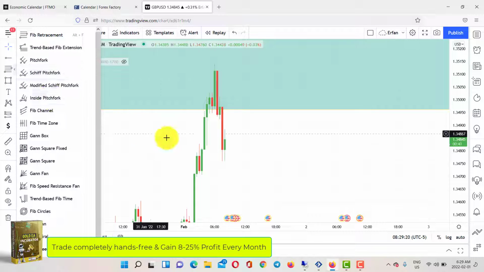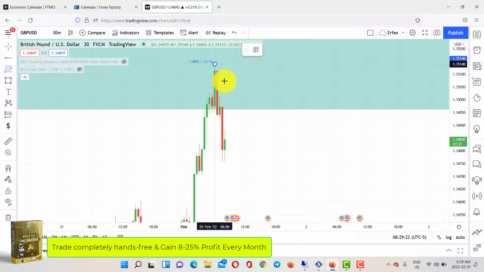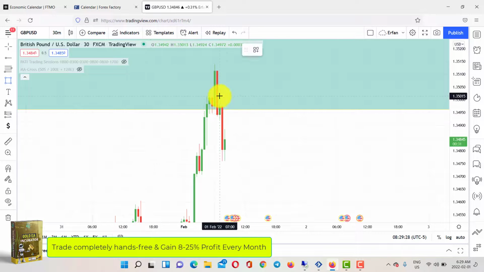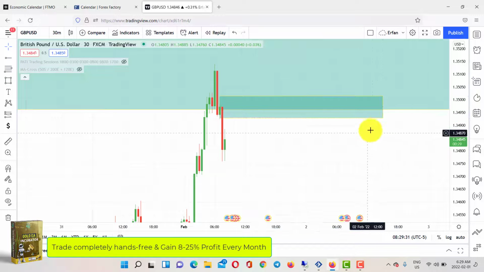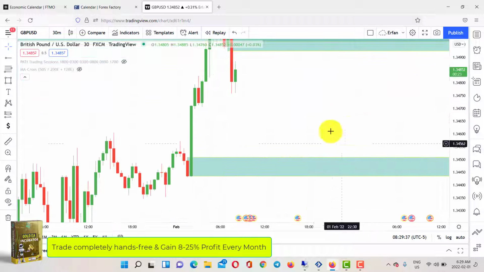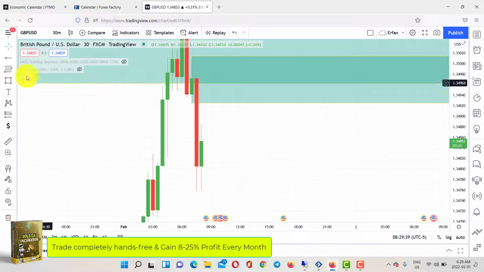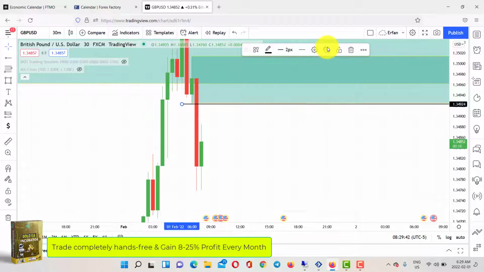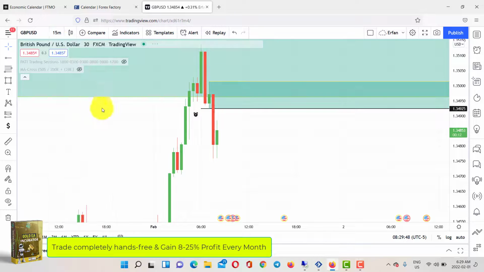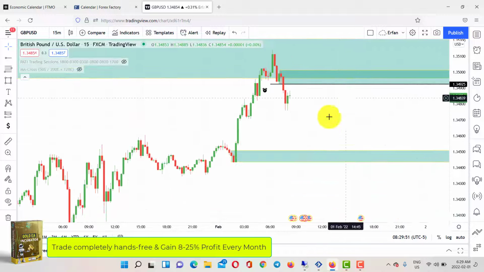Okay, one high probability order block here. Because we already missed this move, I'm going to wait for this order block to get tapped into, and then I can take my sell position on GBPUSD. That's a really good one. Look at this, it's a beautiful trade.